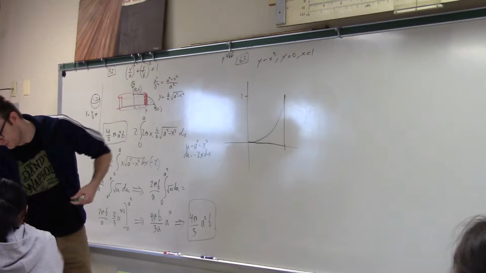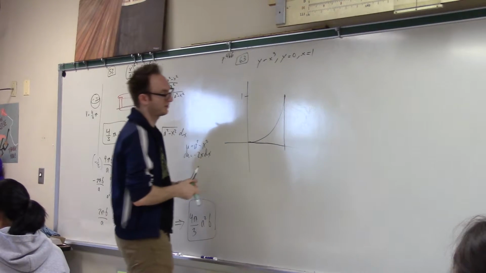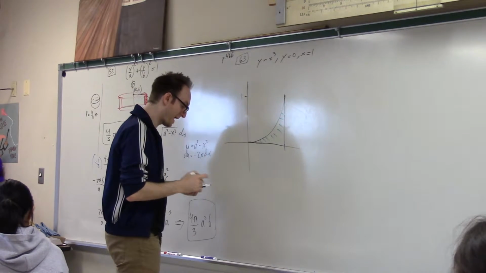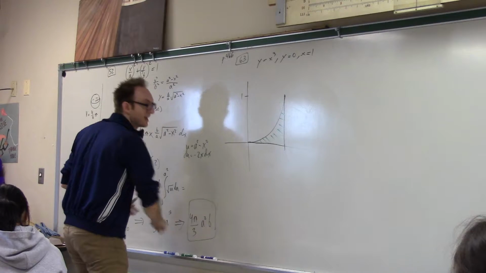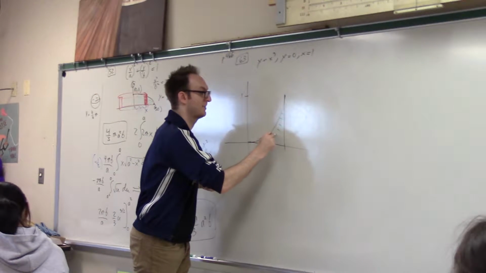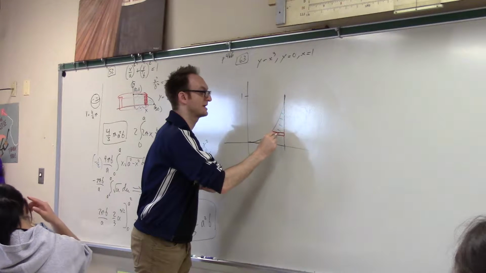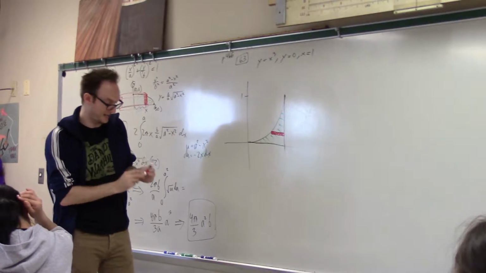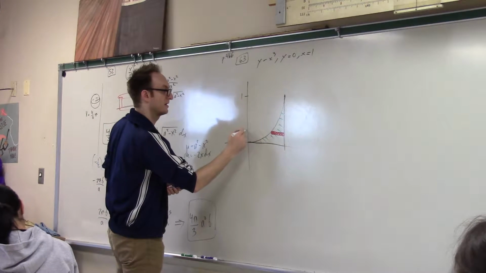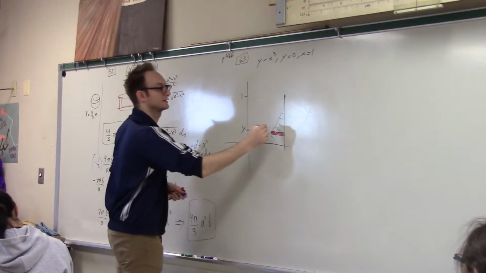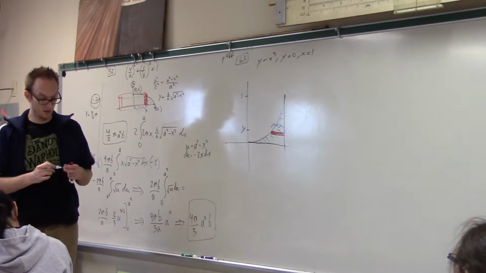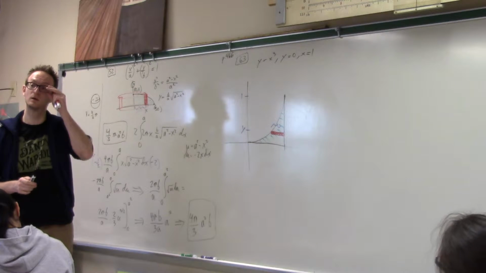Find the volume of the solid for each of the following cross sections taken perpendicular to the y-axis. If we're going perpendicular to the y-axis, the cross sections are going like this, right? So I have to draw my rectangle horizontally, and for a given arbitrary y value, what is this length? 1 minus cube root x.